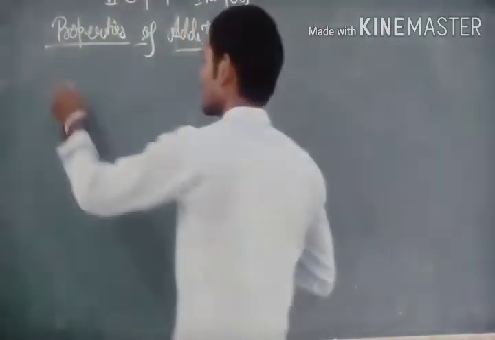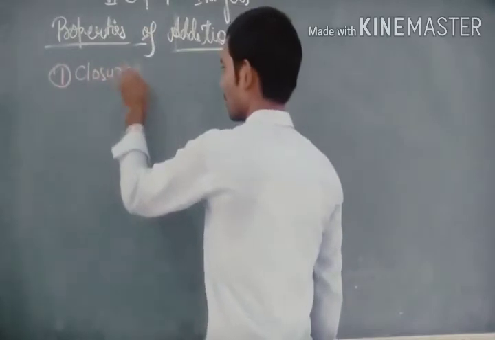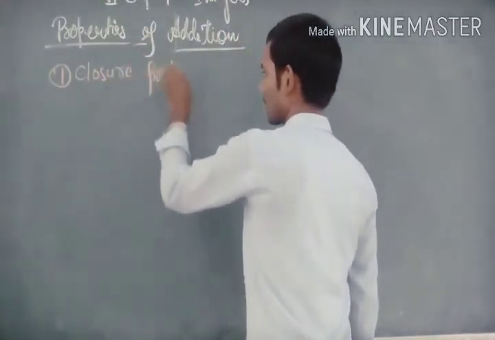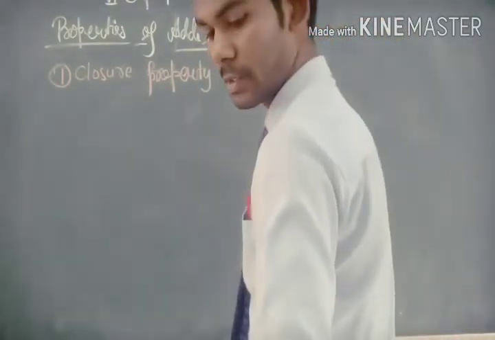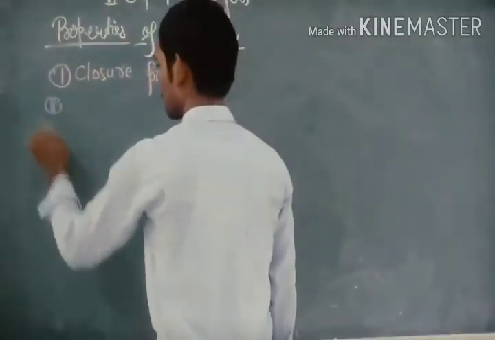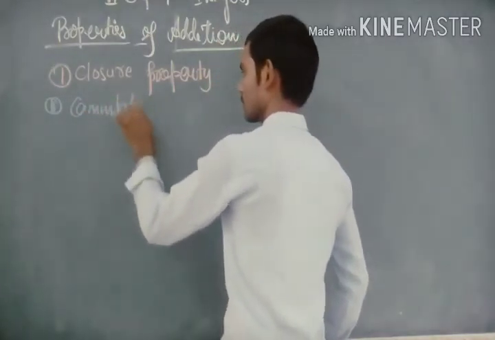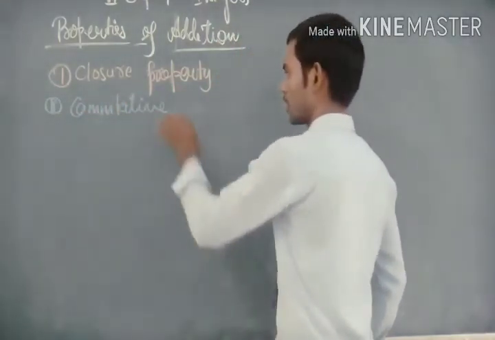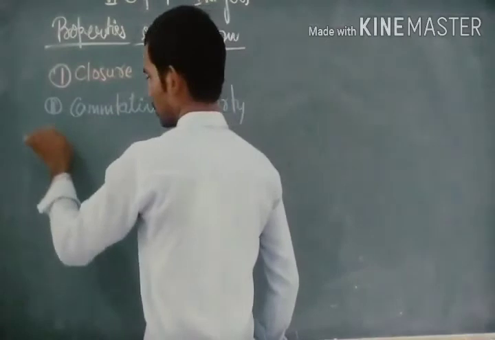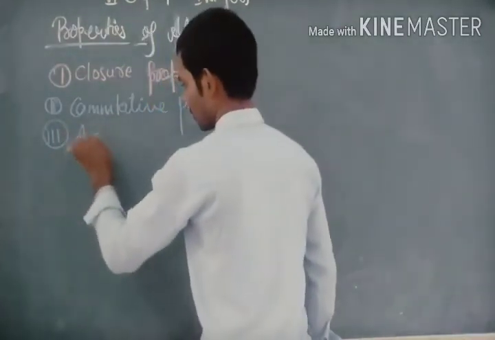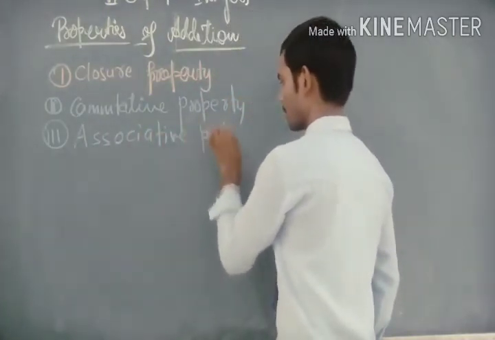The first property is known as closure property. The second property is commutative property. The third property is associative property.